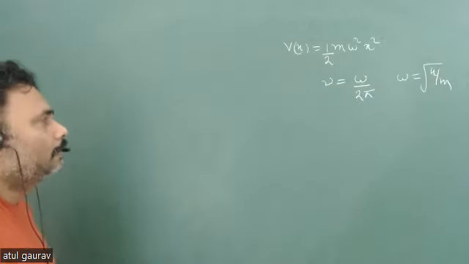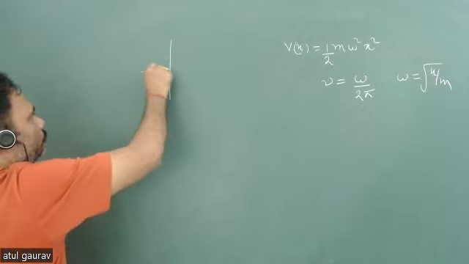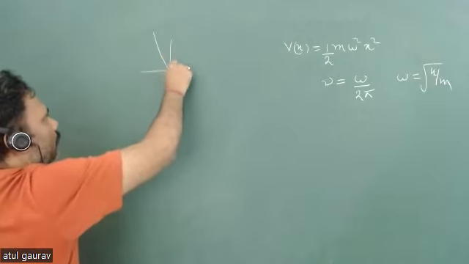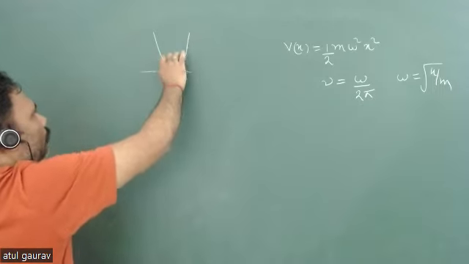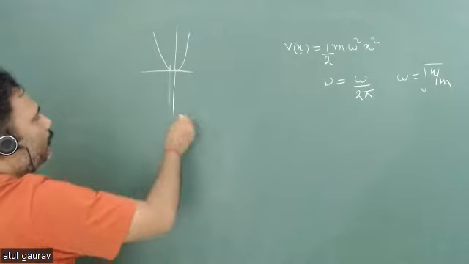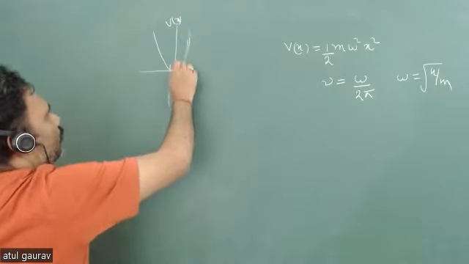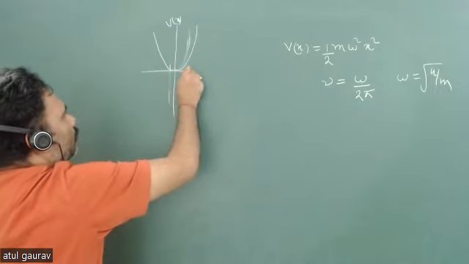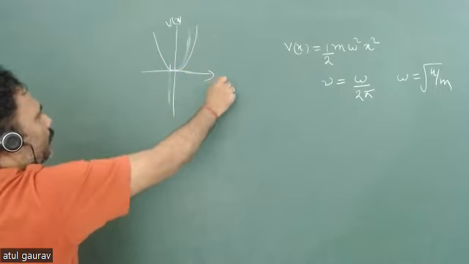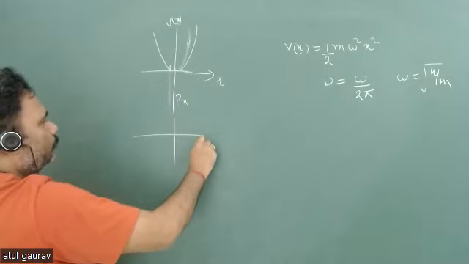Let's try to go for this. When we plot the harmonic oscillator, it is nothing but a beautiful parabolic potential. This is my V(x) versus x, and I can make it beautiful because it is symmetric. We can easily plot the px versus x.